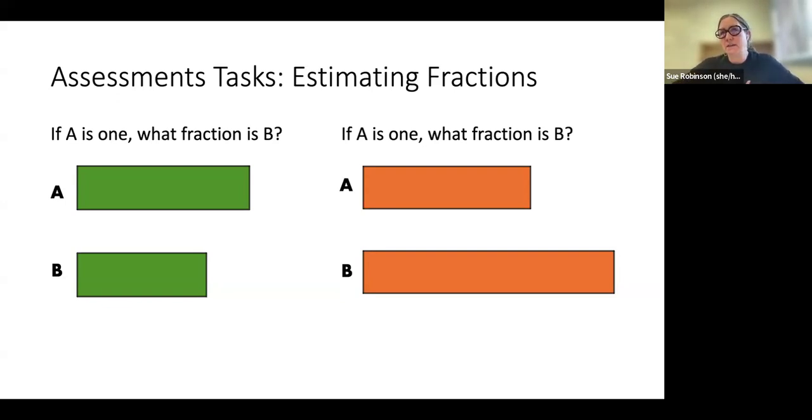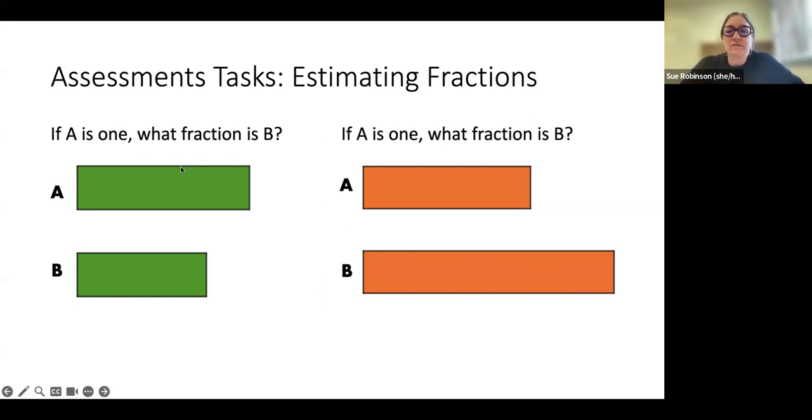But the idea is that these aren't necessarily a linear progression, that we really want to be circling through all of these. So here are some really simple tasks that let you understand, can they estimate? If I'm looking at the green rectangle that's labeled A, what fraction do they think the green rectangle that's labeled B is?